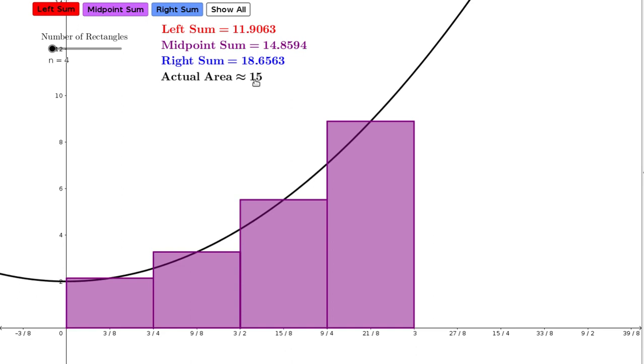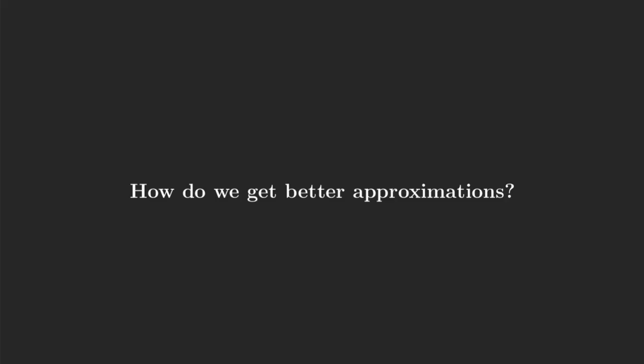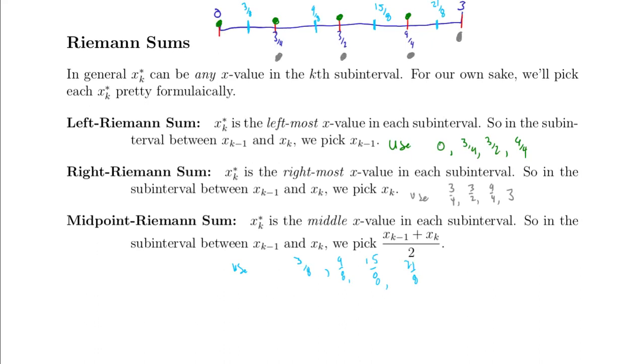It took us a little bit to find those partition values, and if we go back to these slides and we go back to setting up that partition, these are the x values that we're going to plug into our function. Oh, this is just going to be a hassle to try and square all those and add 2 and get these ugly fractions. I don't want to do that. I'm sure you guys don't want to do that.